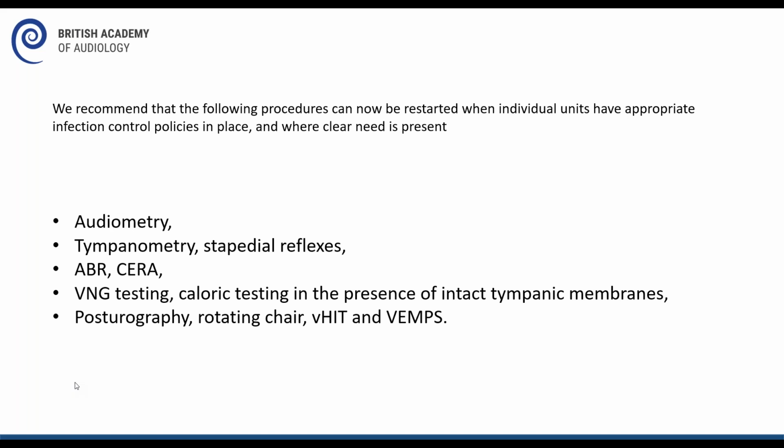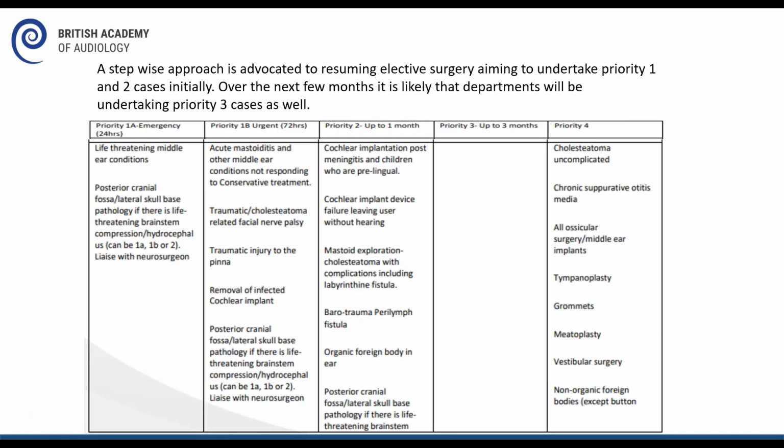But they are saying that it's safe to restart audiometry, tympanometry, ABR, corticals, VNG testing in the presence of intact tympanic membranes, and then posturography, rotational chair, VHIT and VAMPs.